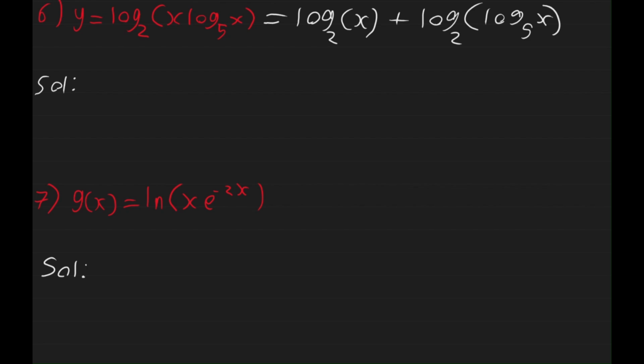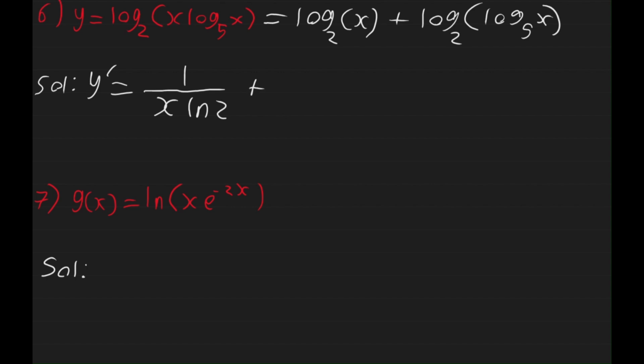It's just easier. Now to differentiate, log to the base 2 of x gives 1 over x ln 2. Now it's not ln, so we write it. The derivative of x is just 1.